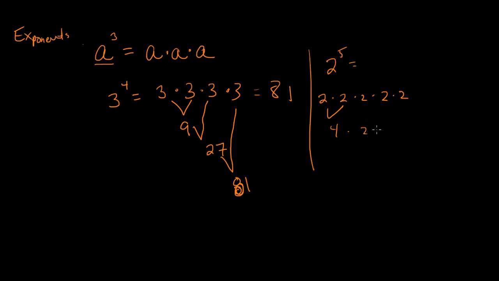So that's 4 times 2 times 2 times 2. 4 times 2 is 8 times 2 times 2. 8 times 2 is 16 times 2, and 16 times 2 is 32. So 2 to the fifth power is 32, and that's basically evaluating exponents.